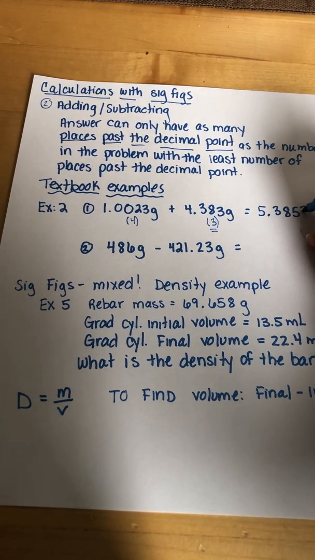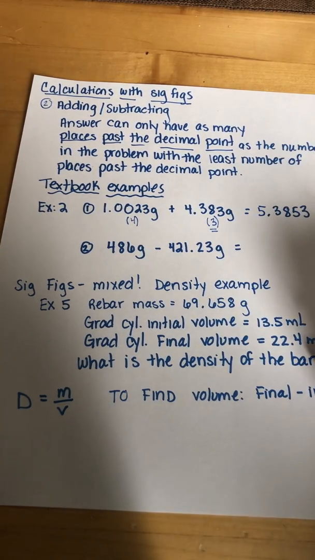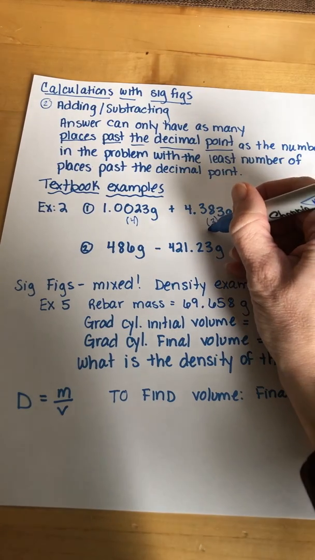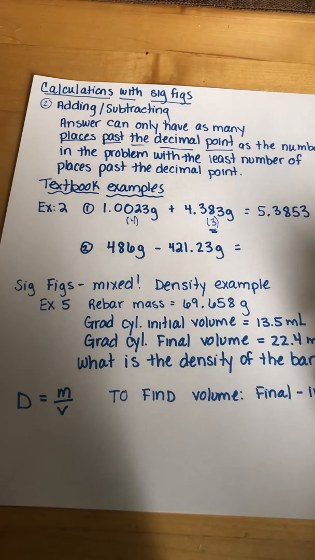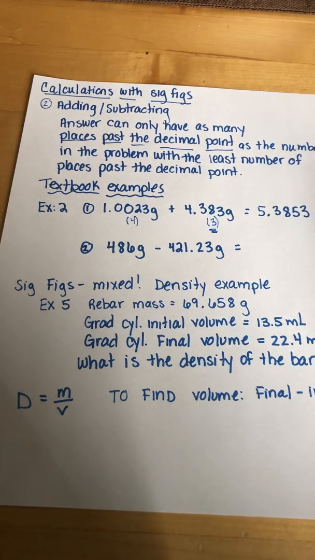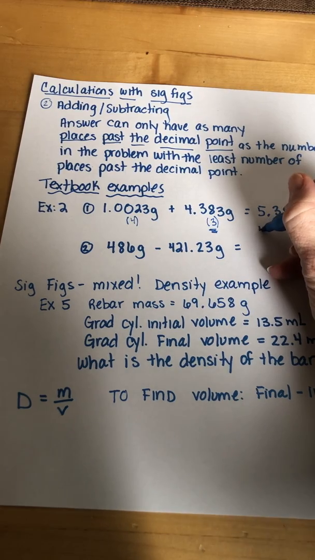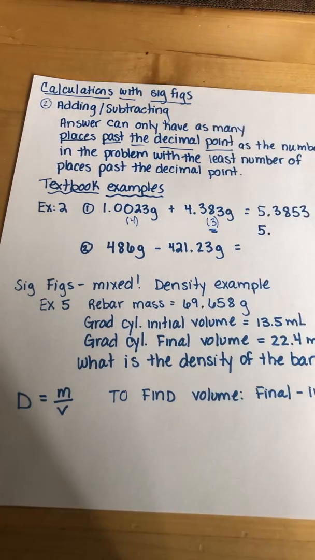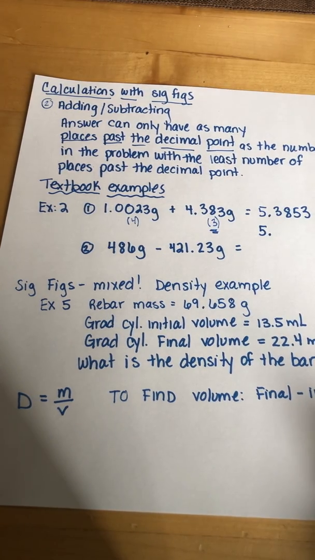If you go ahead and solve that, 5.3853 is what shows up on your calculator. So whenever you're rounding it, I can only keep 3 places past the decimal point. I do keep however many numbers are before the decimal point, I keep all of them. So in this case, there's just the 5, so that is kept. All I'm doing when I'm adding and subtracting is seeing how many numbers past the decimal point I can keep.